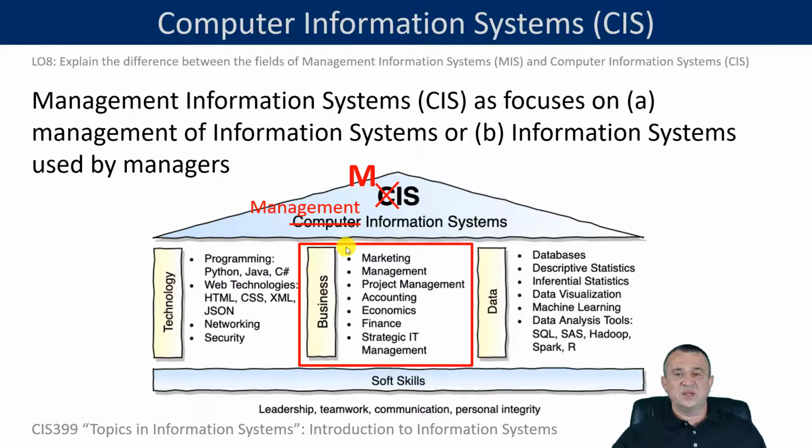And those business subjects are covered with the intention of either specifically focusing on how to manage information systems, in order to equip students with knowledge on how to manage various components of information systems, or on information systems used by managers. So this is where that management keyword comes into play. This is the distinction. But all in all, as I said, I don't see much difference between CIS and MIS programs.